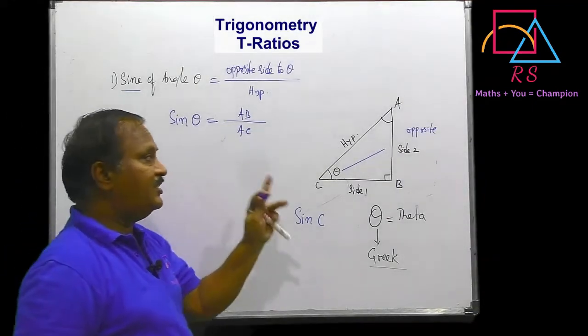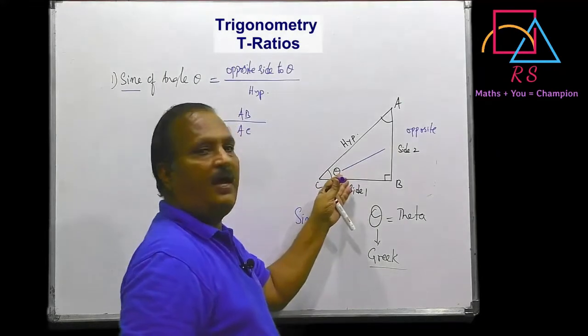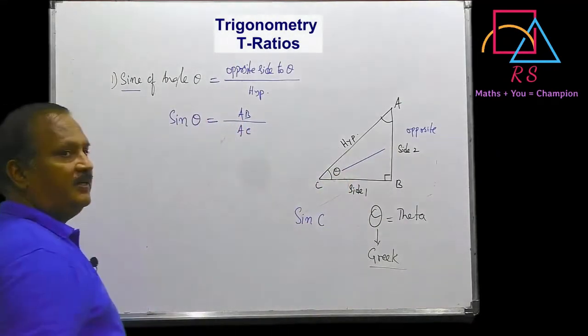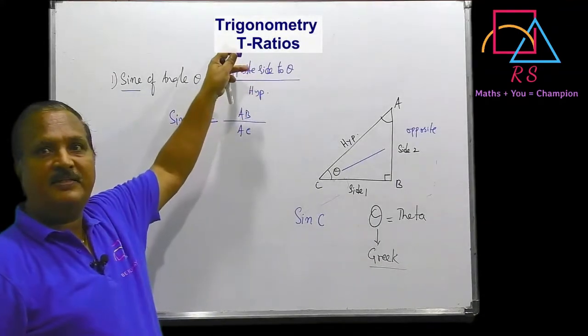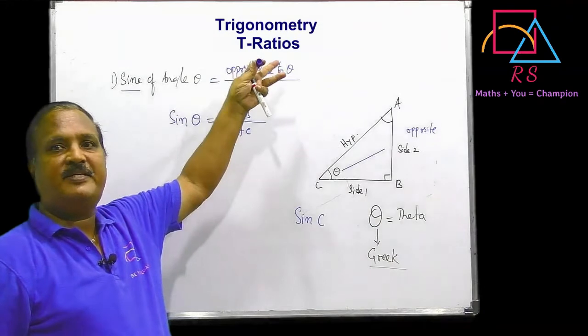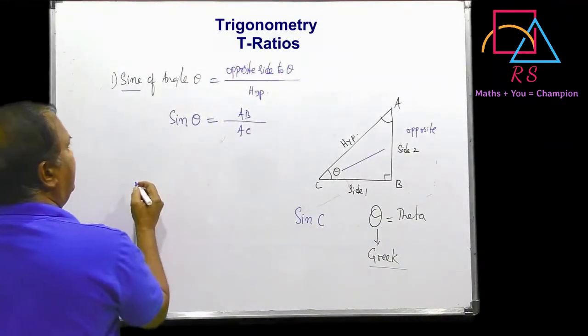This is the first relation between the sides and the angle. Because it is in the form of a ratio, that is why we call it a trigonometric ratio. So this is the first trigonometric ratio.